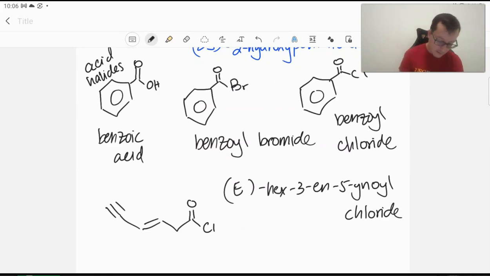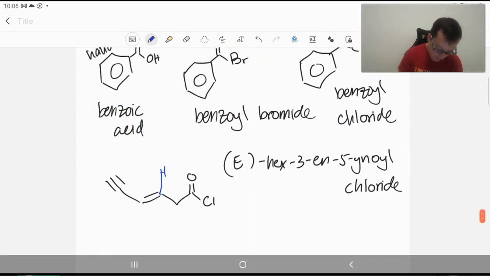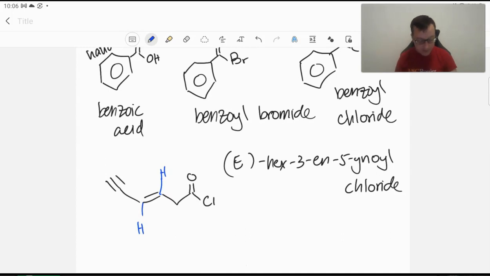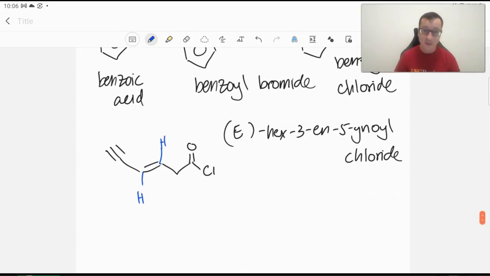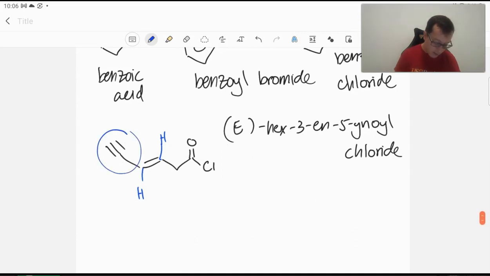Yeah, it's a trans alkene, right? With alkenes, when we're naming them, we look at what's the highest priority group on each side of the alkene. So on the left side of the alkene, this is our higher priority group because we go by atomic number, so carbon beats hydrogen out.